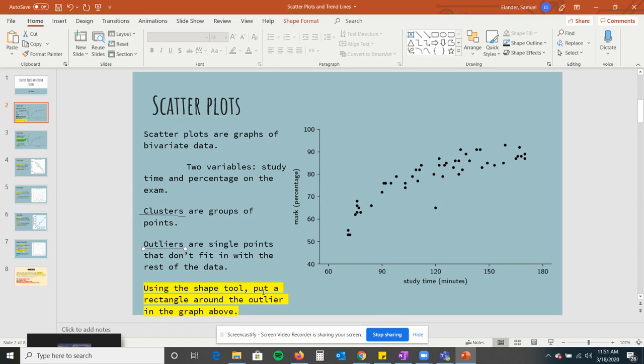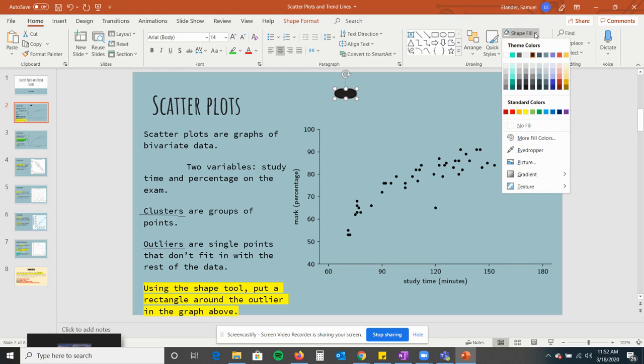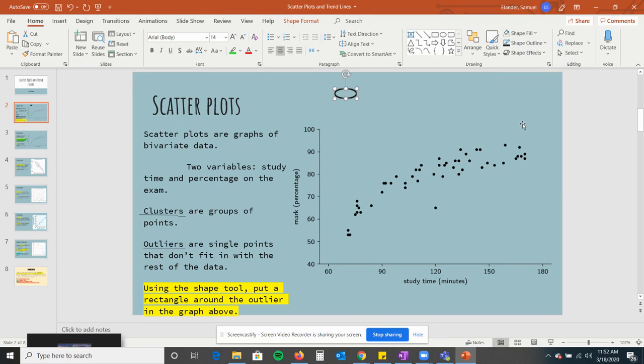Using the shape tool at the top of the PowerPoint, whether you're using Microsoft PowerPoint or Google, there should be a bunch of shapes that look something like this. Go ahead and use the rectangle or the circle, and it might try to make it filled in. If it does, you can always change the shape fill to no fill, like I just did there.